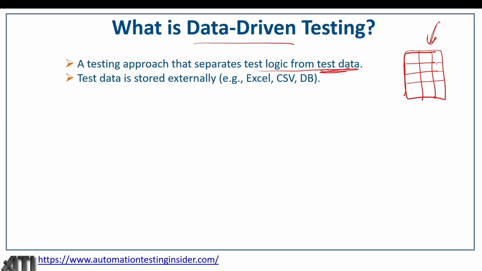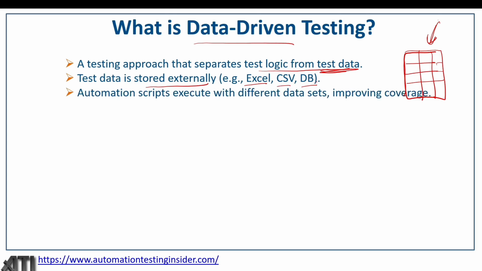Test data is stored externally, which we discussed, like an Excel file or CSV file, or we can access it from a database. Automation scripts execute with different data sets, which improves the coverage. So the ultimate goal is to have more coverage in testing.